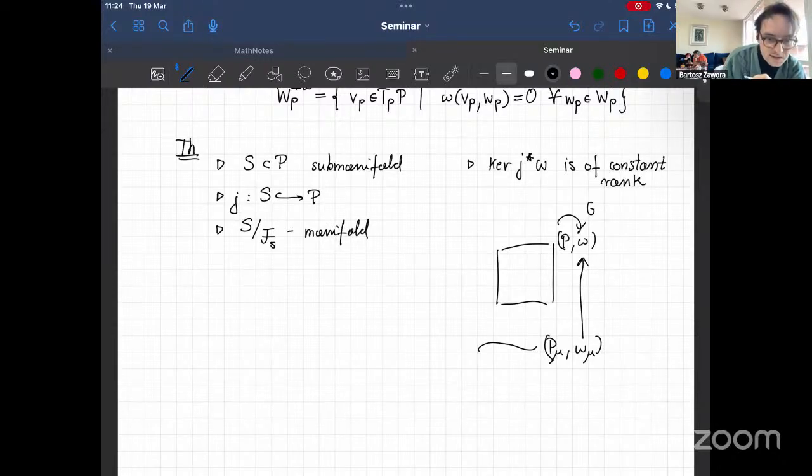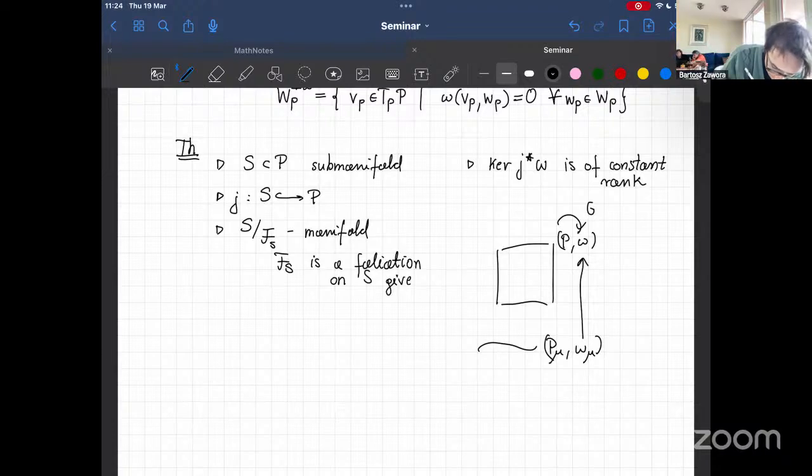And what is Fs? Well, Fs is a foliation on S given by the kernel of the pullback of the symplectic form. Okay, and P from S to the quotient space is a submersion.